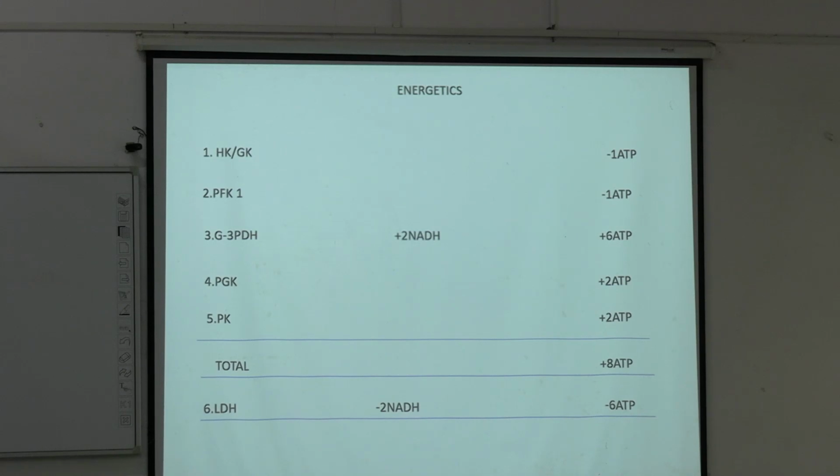Step 6, LDH, lactate dehydrogenase. Here, see, minus 2 NADH, so minus 6 ATP. So 8 minus 6 is a total of plus 2 ATP. So net gain in anaerobic glycolysis is 2 ATP. Net gain in aerobic glycolysis is 8 ATP. Net gain in anaerobic glycolysis 2 ATP, correct?